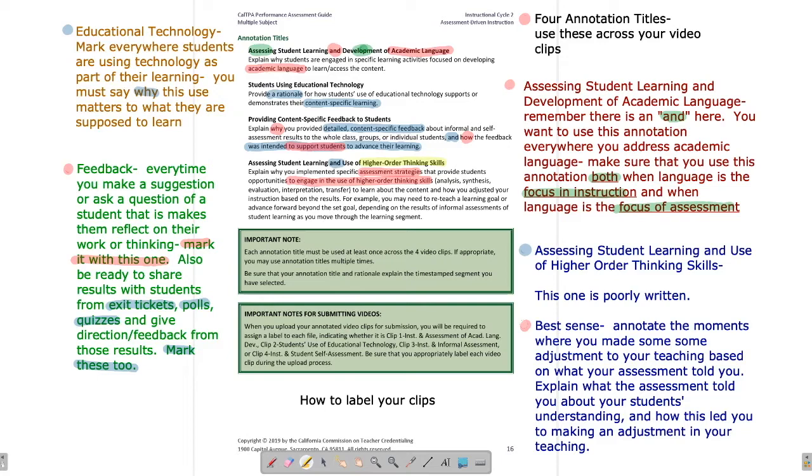Now what you want to do, and this is just me realizing it in the moment, you want to annotate moments when it was about higher order thinking. Okay? As I suggested before, you might think about doing some kind of assessment where your informal assessment asks kids to reach for deeper thinking through some kind of really worthwhile essential questions. And then your response to what they offer you is how you adjust your instruction or make some kinds of changes.